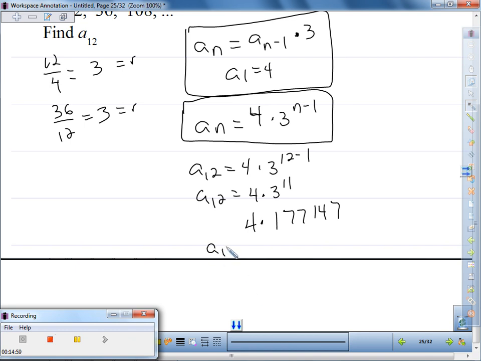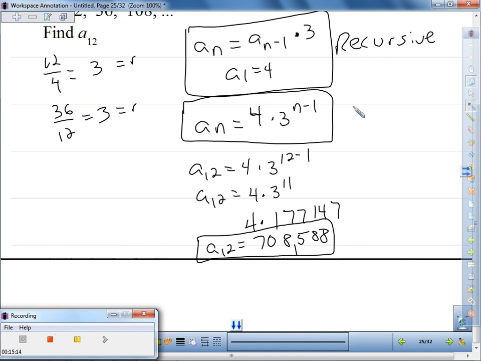And so a sub 12 is equal to this. And that's our 12th term. So we have our recursive formula, explicit, and then finally we have our 12th term. Okay, and so that's how we would do those.